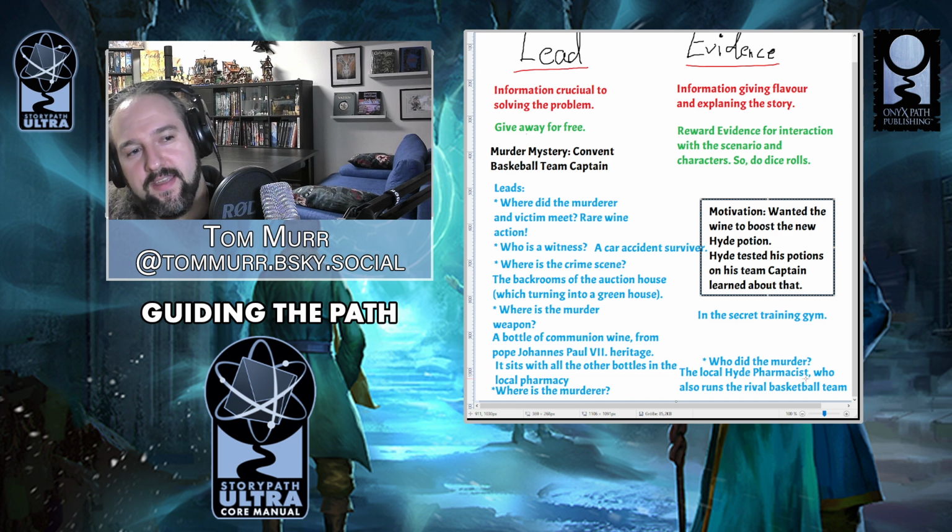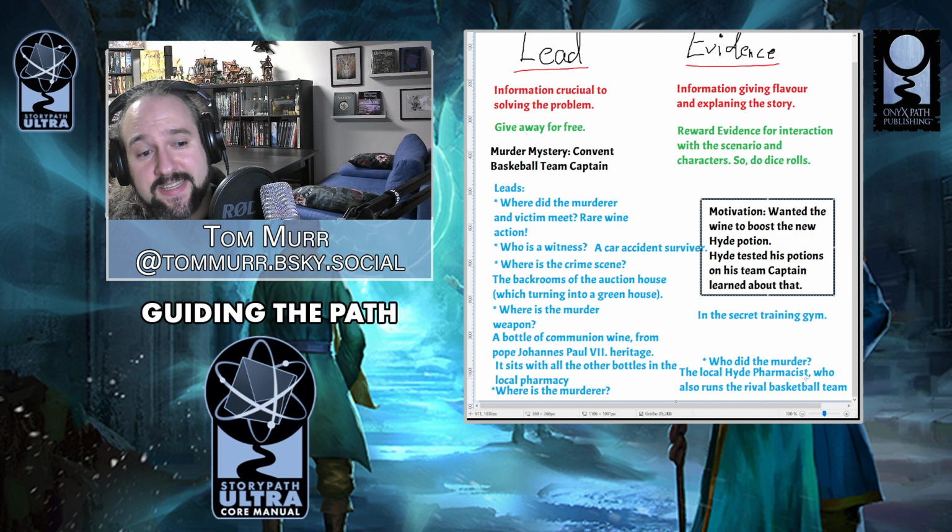Basically, we know that the captain of the Covenant's basketball team was murdered at a rare wine auction. There was a witness, the survivor of a car accident close to the auction house.